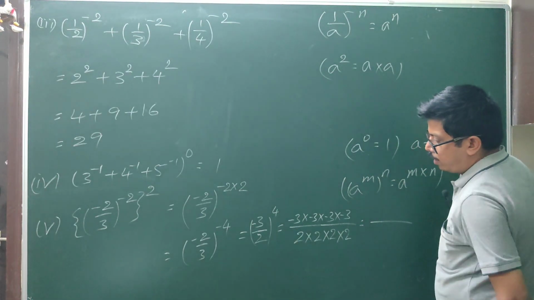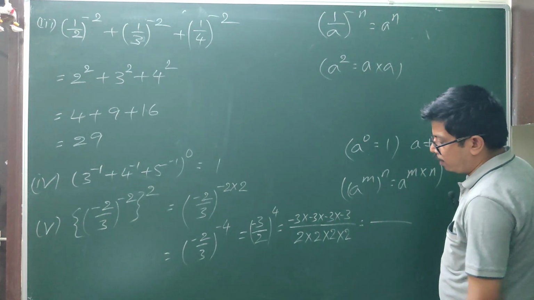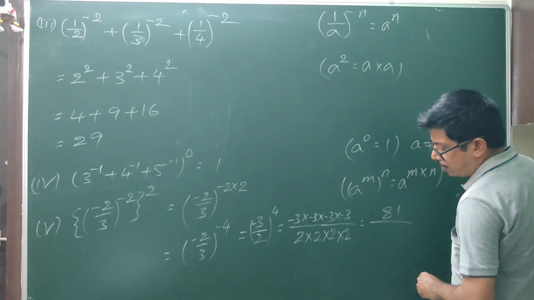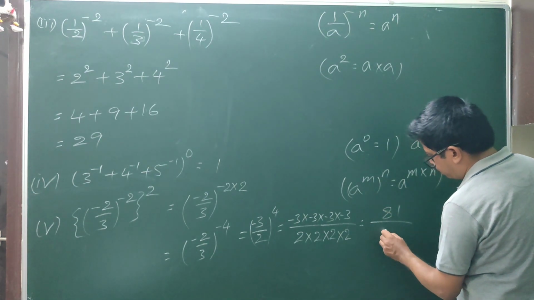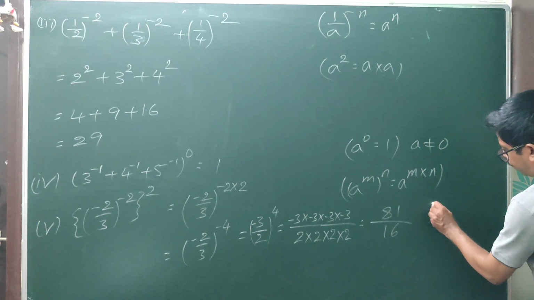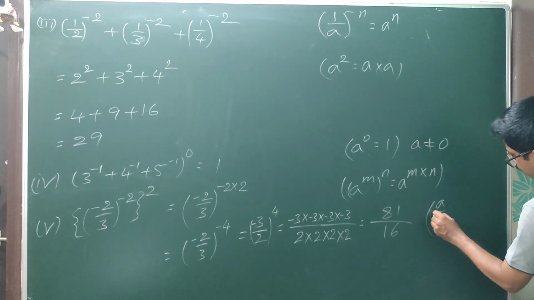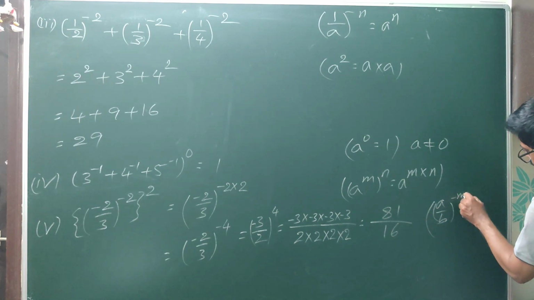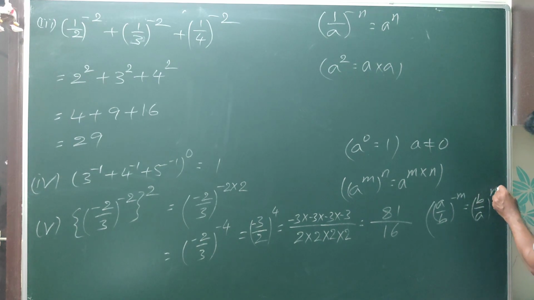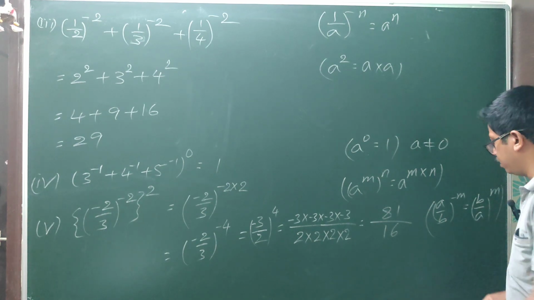Being an even power, you get a positive sign only. 3 power 4 means 81. 2 power 4 means 16. So just remember that a by b whole power minus m becomes b by a whole power m. So you can change the sign by writing like this.